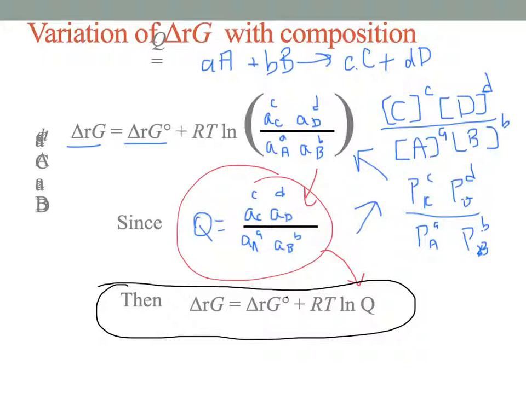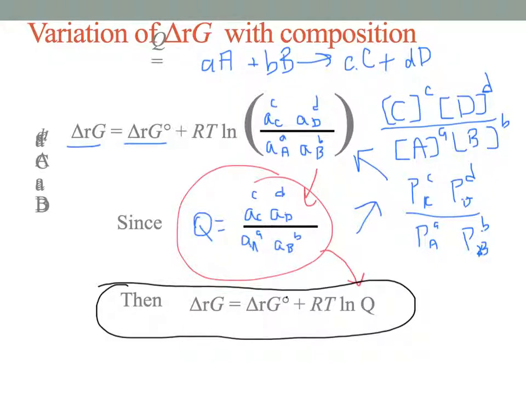delta G will change. What does that mean, how the value of the reaction composition changes? Well, if the concentration of C changes, then that's going to change this value for the activity or the pressure of C, etc. And that's going to change the value of Q, which in turn will change the value of the reaction Gibbs energy.